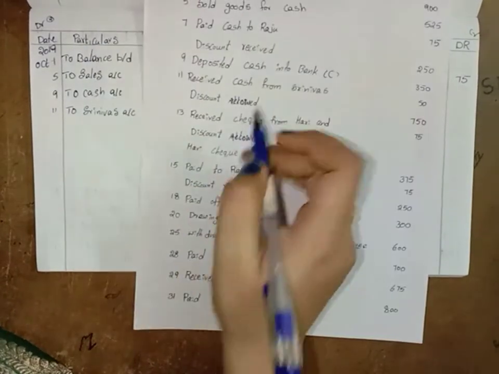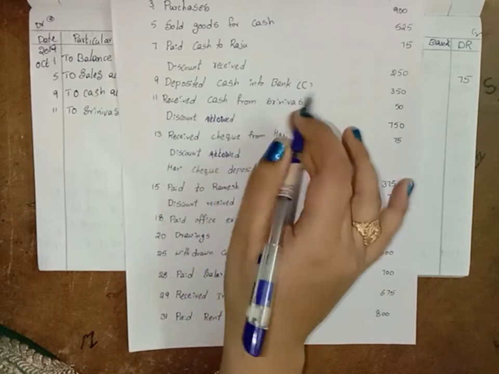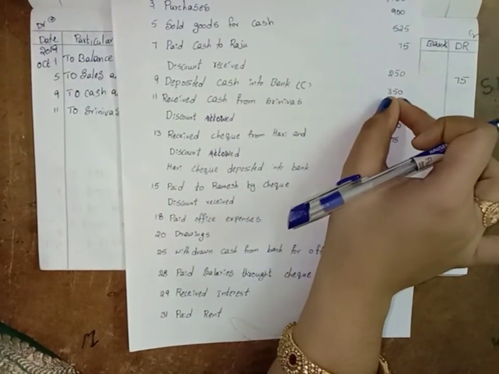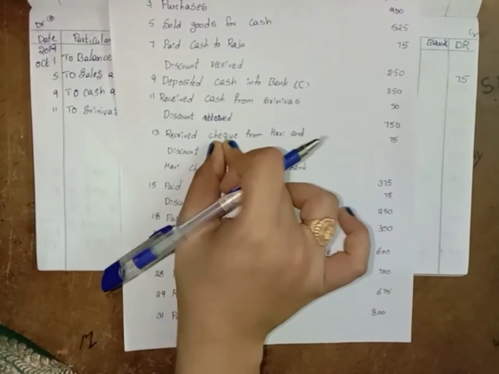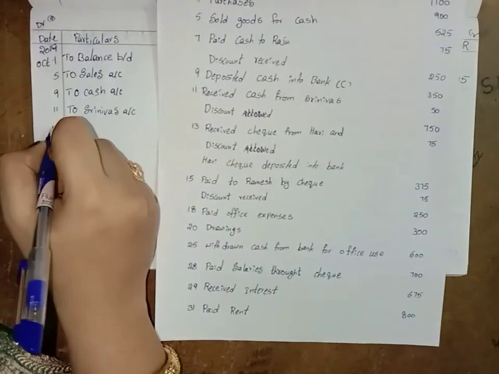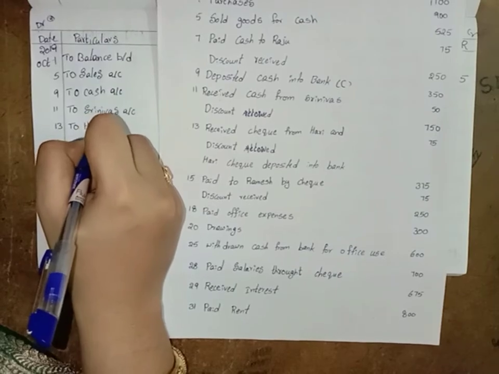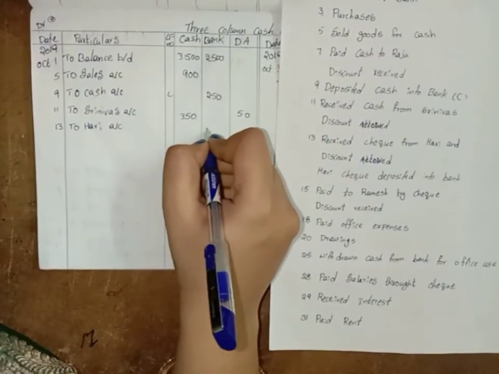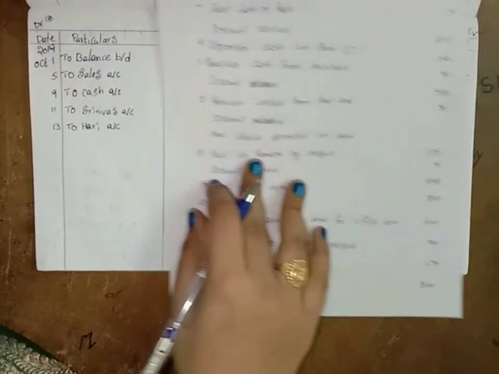In the transaction received cash from Srinivas, we write this amount in the cash column. Here, received check from Hari. It is a check, so we write this amount in the bank column. On 13th, to Hari account, 750 in the bank column and 75 discount allowed.